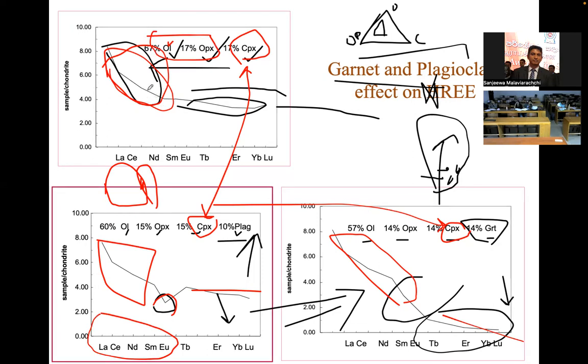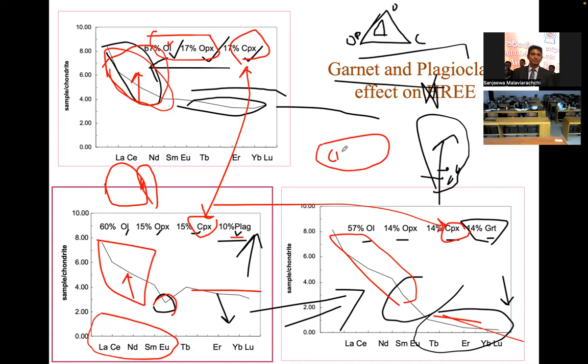Therefore, you will see some enrichment in your rock since you have a lot of CPX, right? Like you had garnet in your phase. I mean, garnet was fractionated, and a lot of trace elements went into garnet. So this indicates during the melting, your residual phase contained a lot of CPX also, right?